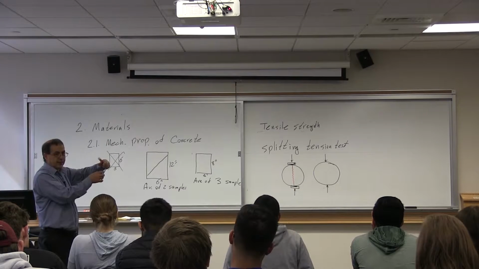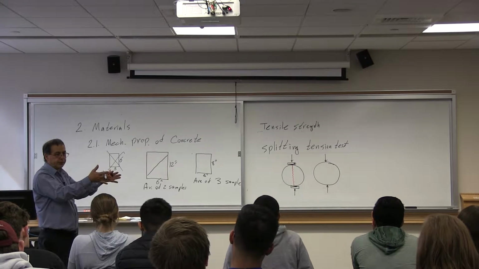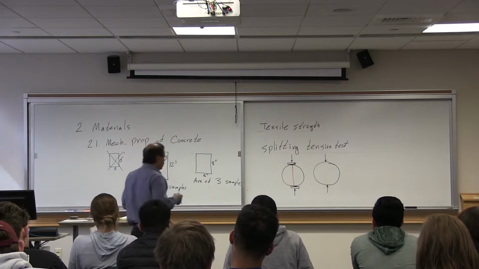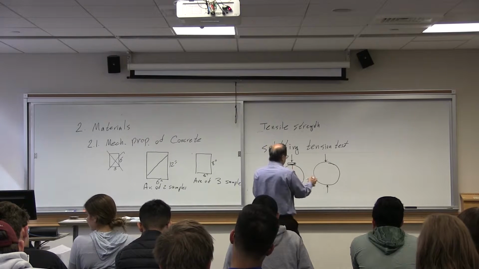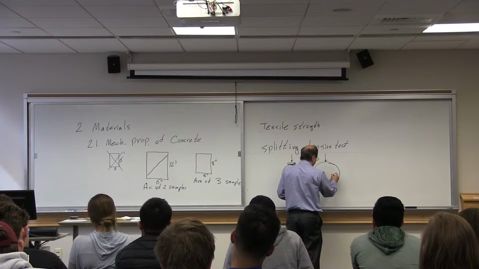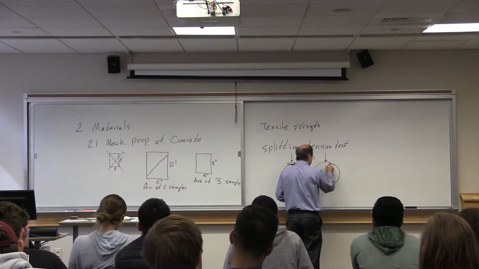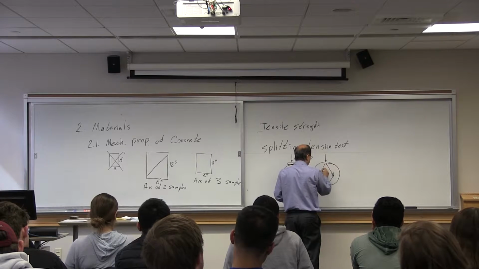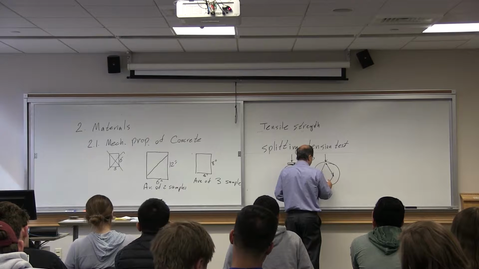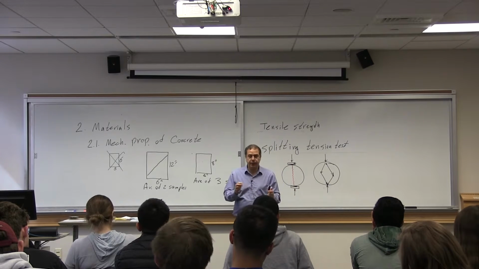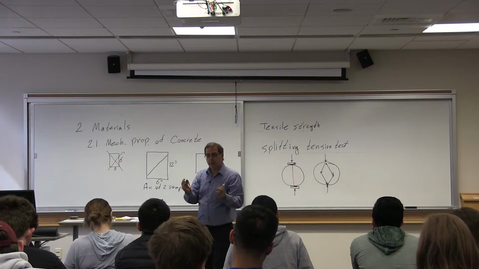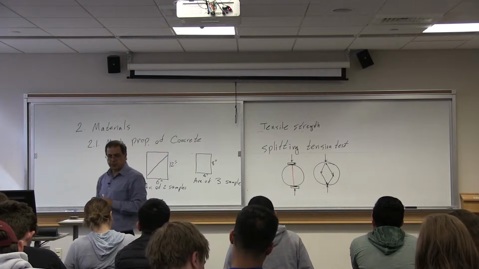As you get to the center, you have a larger area, obviously. The way you can think about it, because you have a larger area, you can think that on average the load is transferred through these concrete compressive struts.